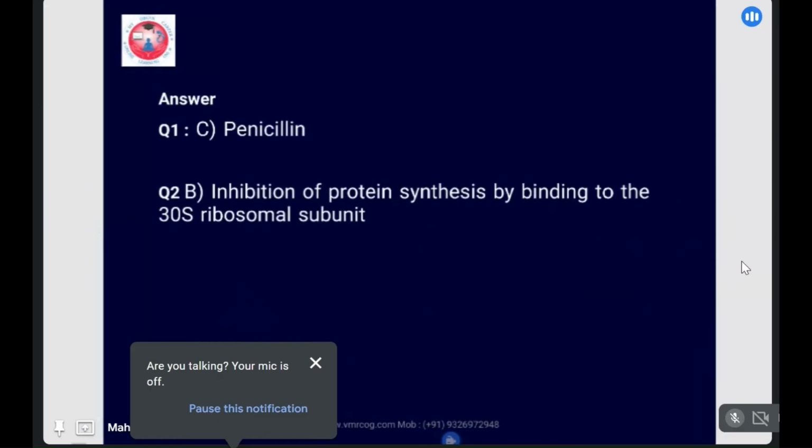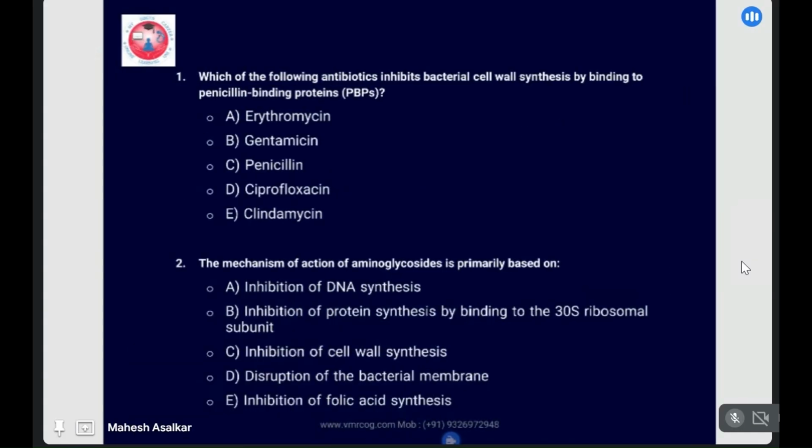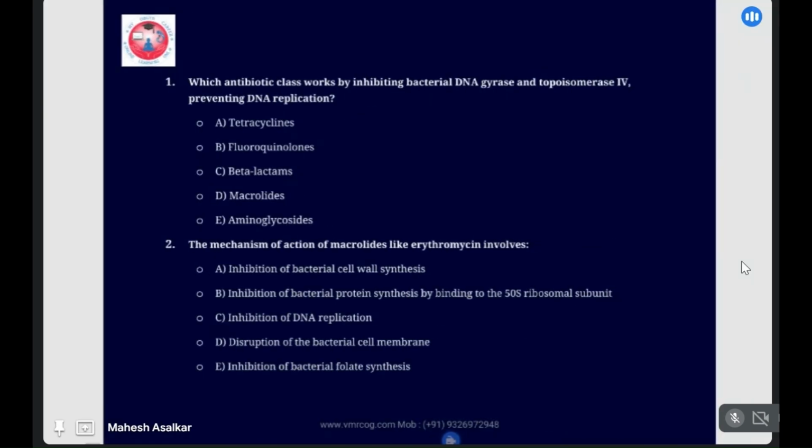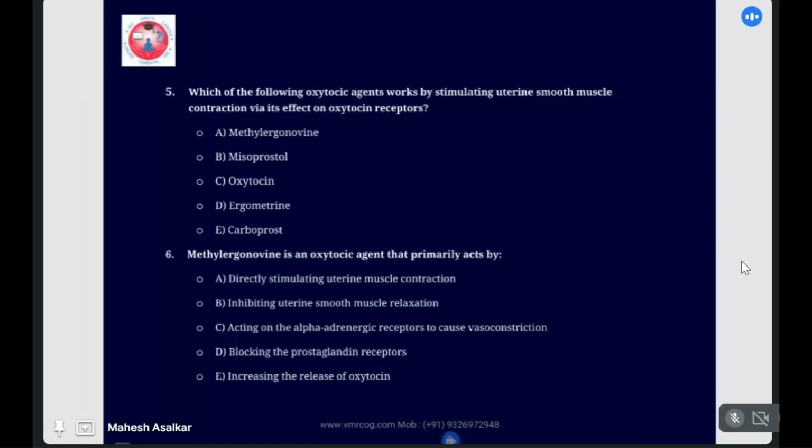Initially what we saw was that aminoglycoside inhibits protein synthesis by binding to the 30S ribosomal subunit. You got the difference. There may be two options, and we will get confused if we just remember inhibition of bacterial protein synthesis, so unnecessarily we'll lose 1 mark there.